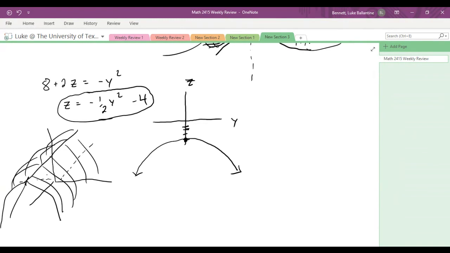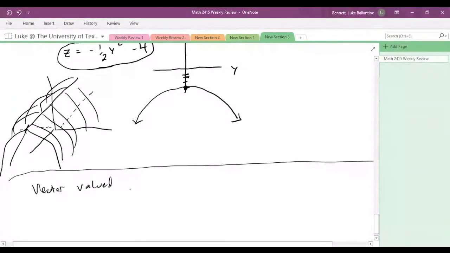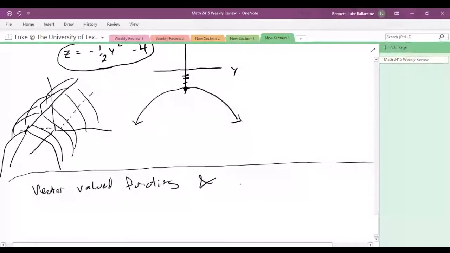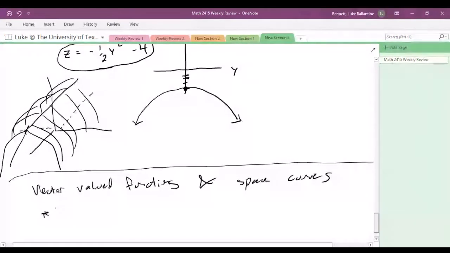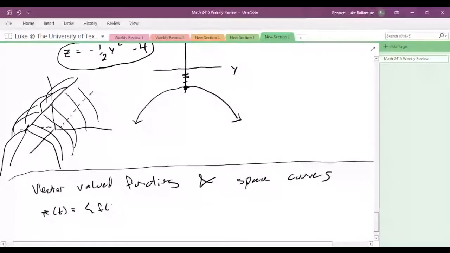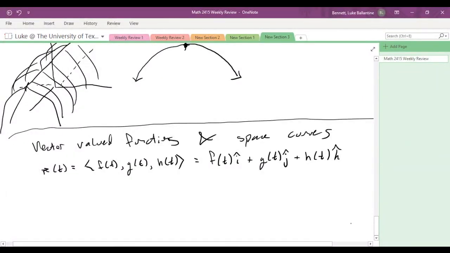Let's see, we got vector valued functions now. A vector valued function is given by r of t equals f of t, g of t, h of t, which could also be given by f of t i hat plus g of t j hat plus h of t k hat. Now, just a couple preliminaries.